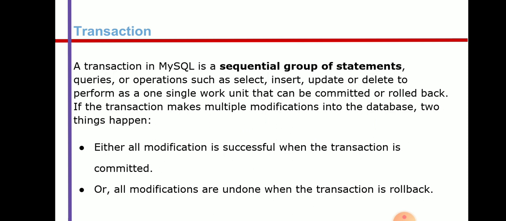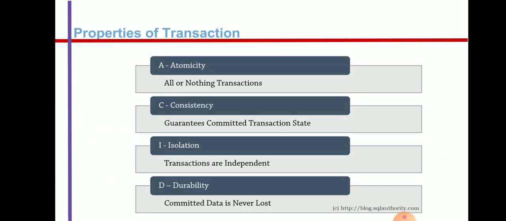Now there are certain properties that we need to discuss. First is atomicity, which means an all or nothing transaction. This ensures that the statements are executed successfully, and in case something fails, the whole transaction will be aborted. And secondly, consistency, which means guaranteeing the committed transaction state.